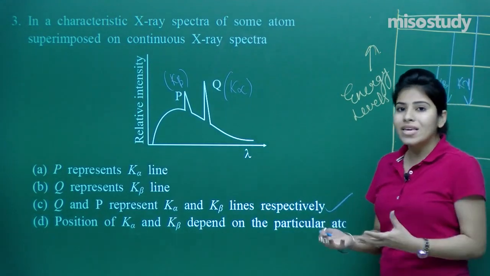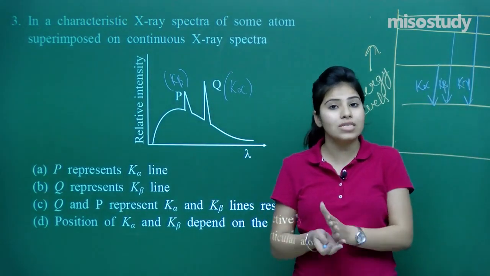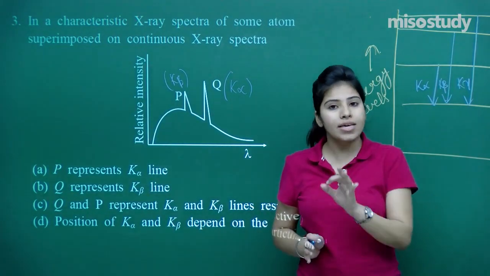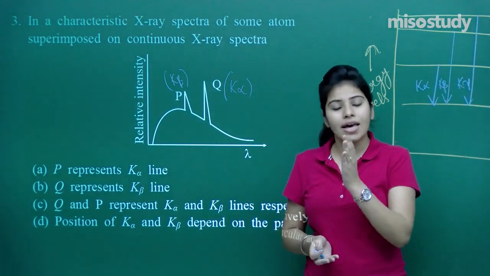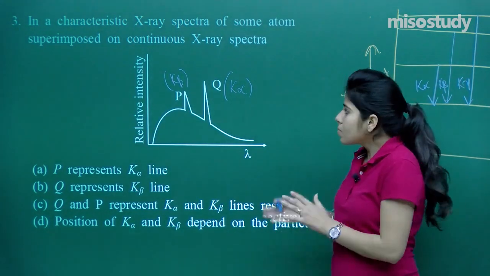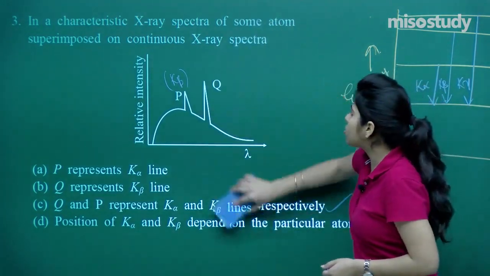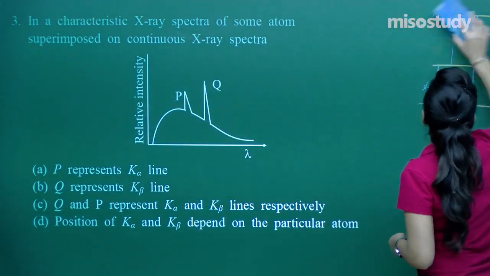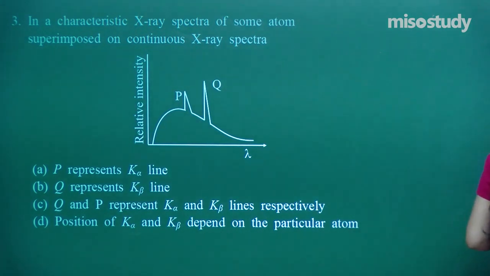Now we are done with this question and should move towards the next one, because we have cleared this concept of K alpha, K beta, L alpha, L beta lines, that means X-ray spectra. We will see what concept arrives before us next.